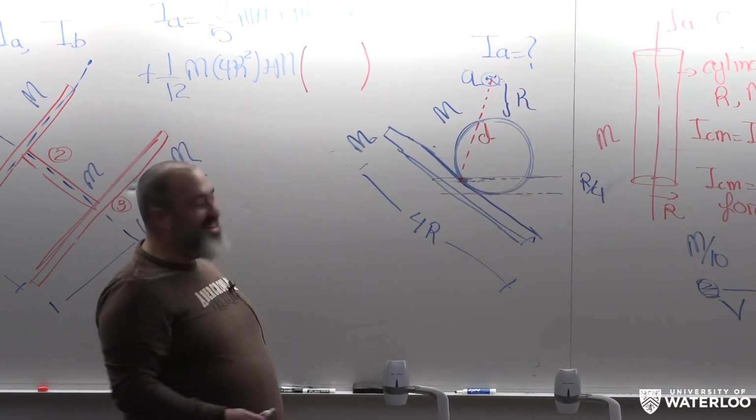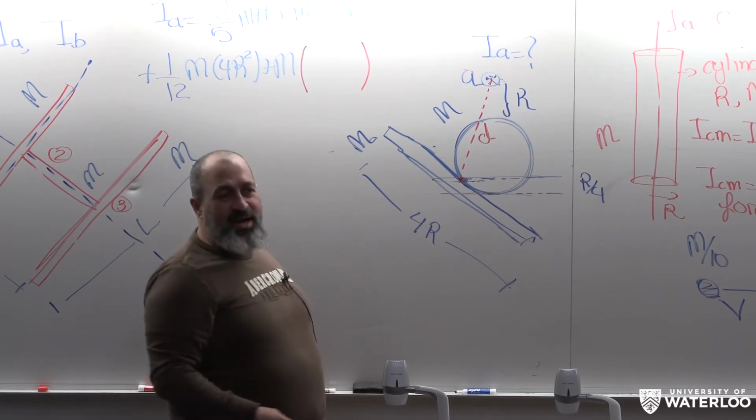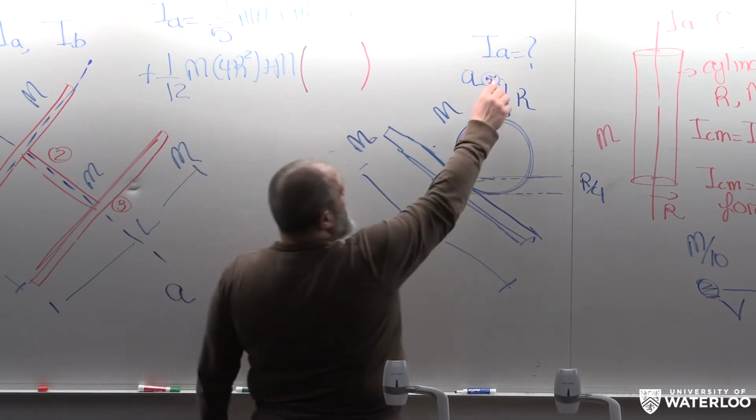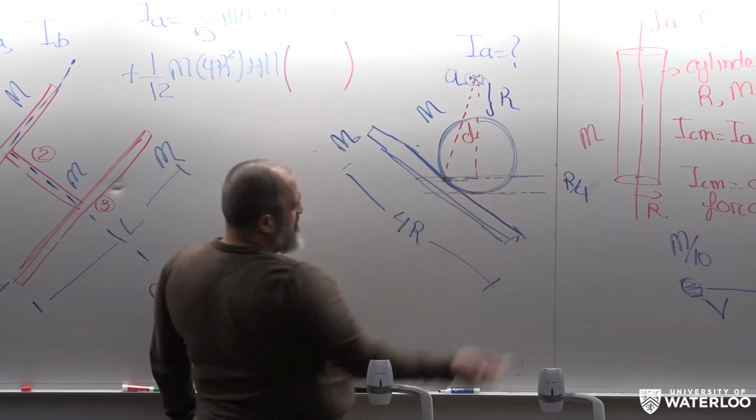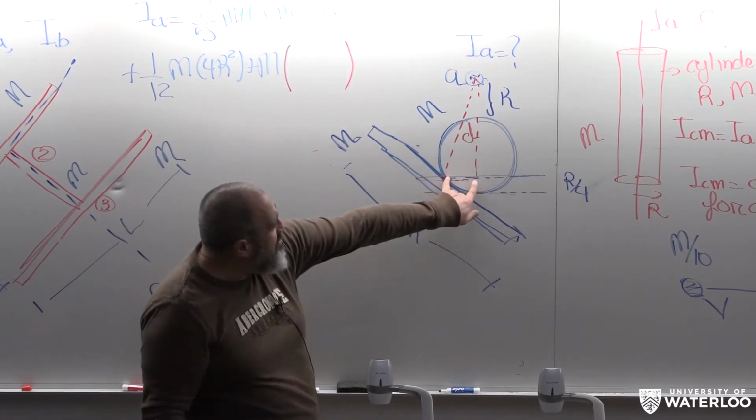So that part of it is easy. That's just 3R minus R over 4. But we need that guy. How are we going to get that guy?